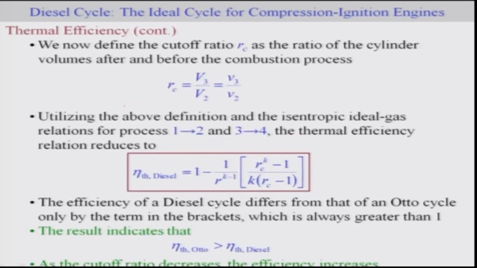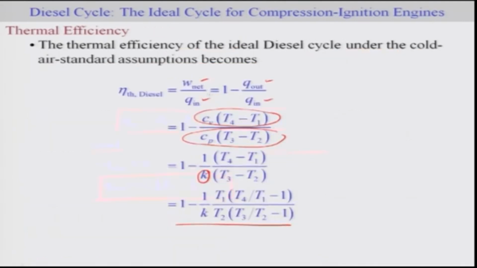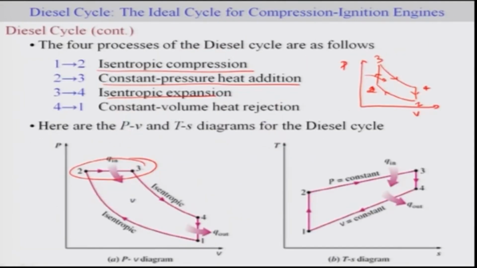But you can compare it with the Otto cycle by first defining a cutoff ratio Rc, which is the ratio of the cylinder volume after and before the combustion process. So, this is going to be V3 by V2. If you go back, the combustion process is occurring here, so the ratio Rc is defined as the volume V3 divided by the volume V2.